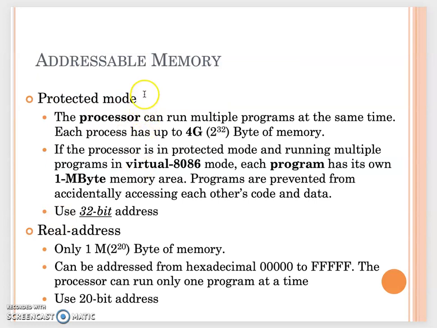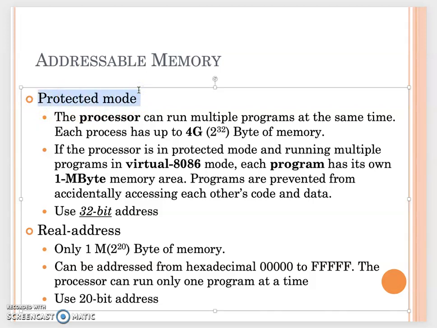Remember we talked about the two basic operation modes of IA-32. Most of the time we have the protected mode, where the processor runs multiple programs at the same time.